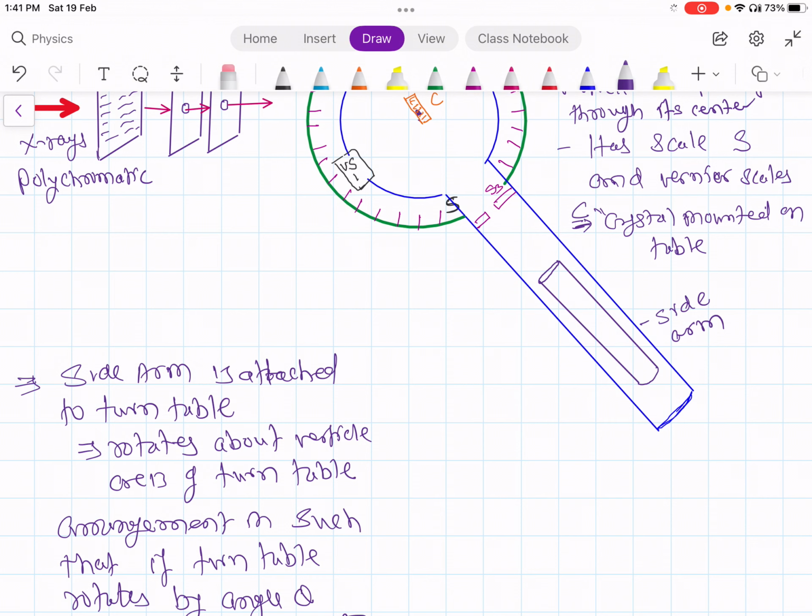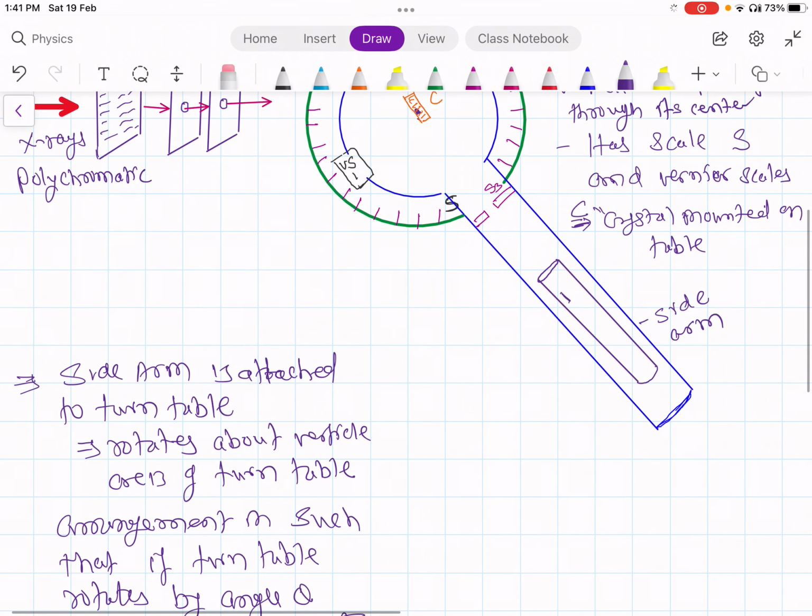This is the ionization chamber. And this ionization chamber has two electrodes, and these two electrodes are connected to an electrometer EM. This is EM and this is the ionization chamber.